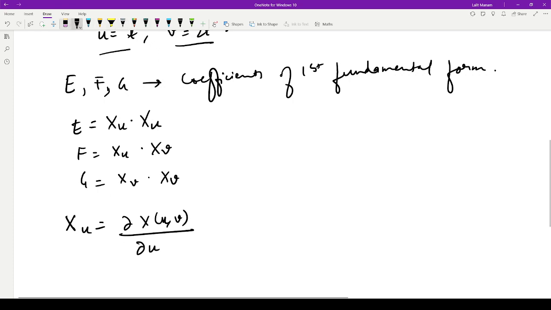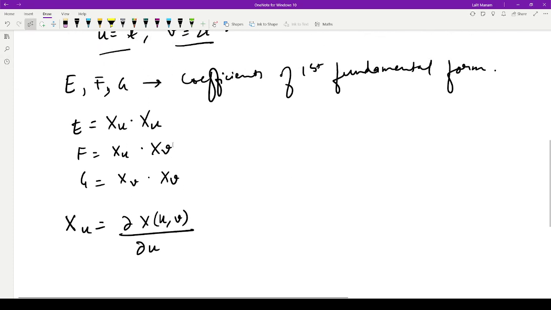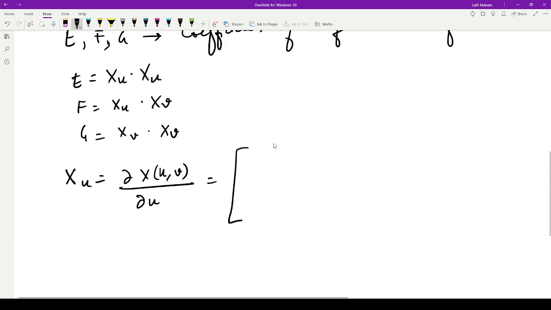That's how it's defined. So just take the partial derivatives of each of the elements.